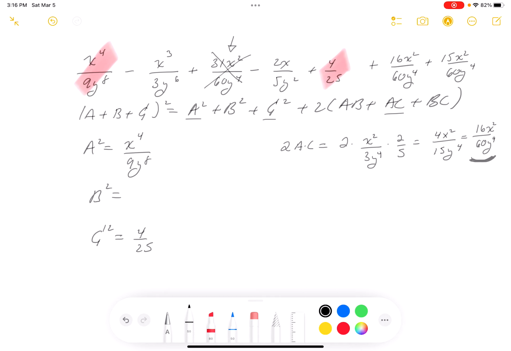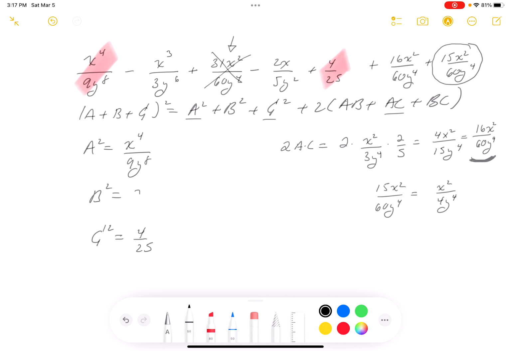Right, so I'm going to cross this one out. And then what do I notice? I notice that this one over here is a perfect square. So I'm going to write that down for you: 15x squared over 60y^4 is actually x squared over 4y^4. So now I have another perfect square, which is b squared.